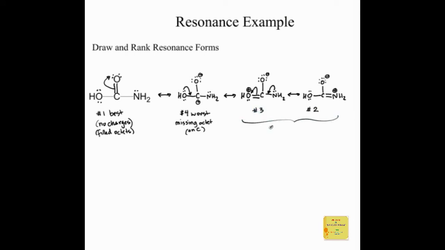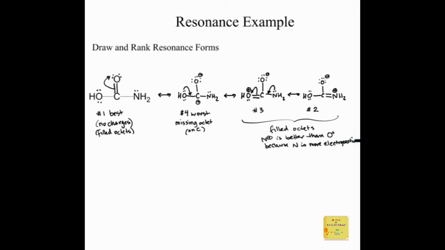And when we compare these two, they have filled octets. Okay, but the N plus is better than O plus, and that's because nitrogen is more electropositive.